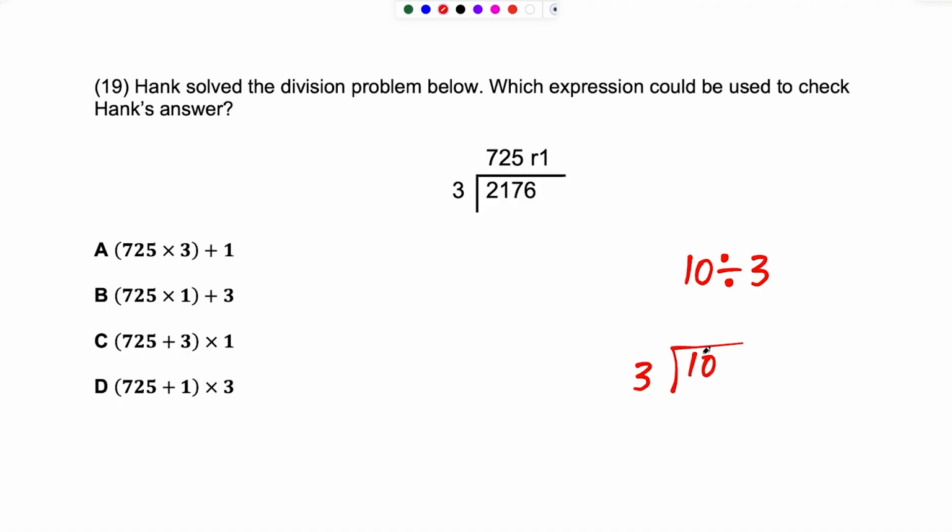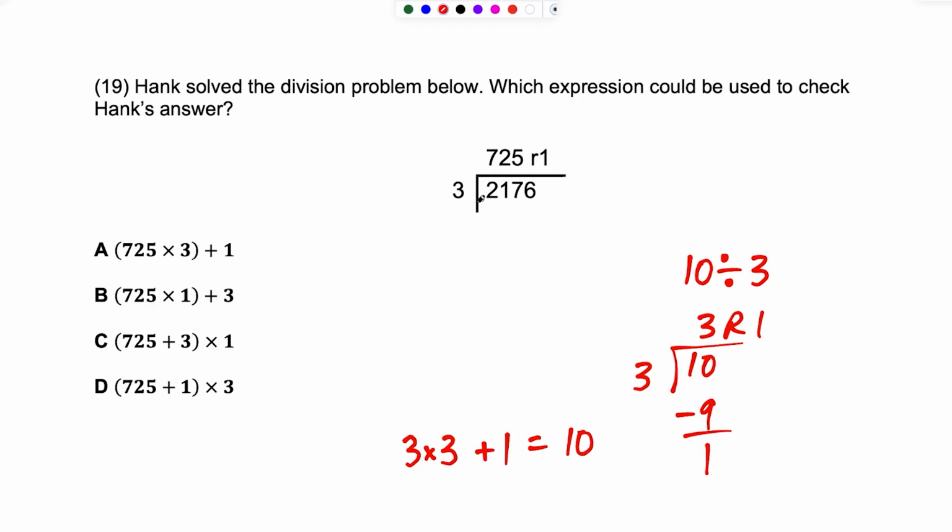And we say 3 goes into 10 3 times. 3 times 3 is 9. We subtract, and we get a remainder of 1. Okay, so we have remainder 1. And for this, what we could say from here is to check our work, we would do 3 times 3. Okay, 3 times 3 is 9, but then plus the remainder 1 gives us 10.